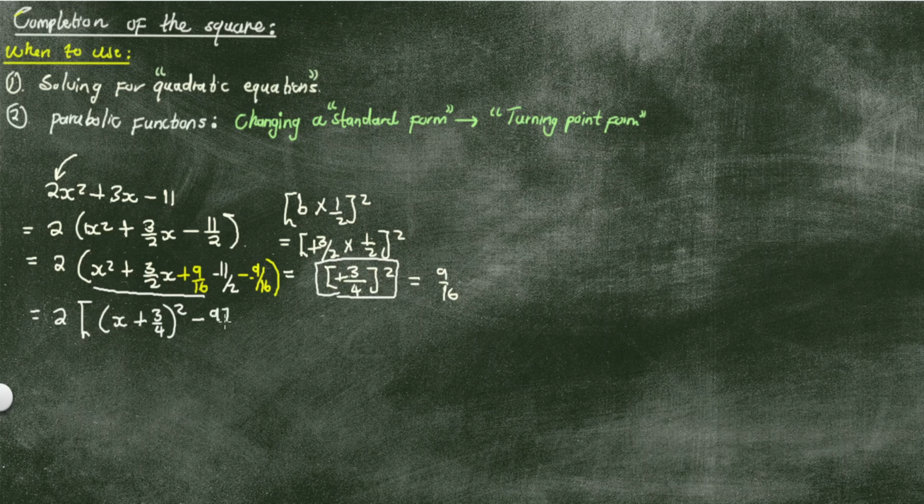We get minus 97 over 16, you close the bracket, then multiply by the 2. You total 2 times (x plus 3 over 4) squared, minus, then you take the 2, multiply the last term by 2, and it totals 97 over 8. This is my final answer.